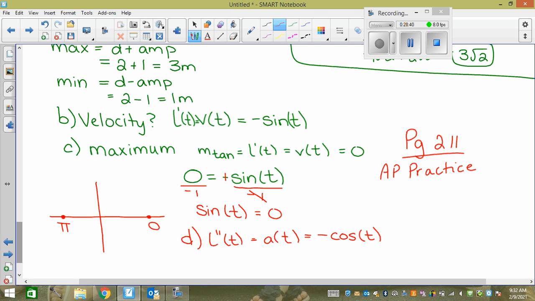Oh, the one thing I forgot to do is, what if it says the tangent line is horizontal? The first derivative just equals 0. That's the same as the max. Yeah. So 1, 2, 1 to 9.